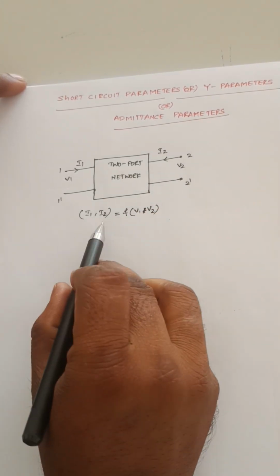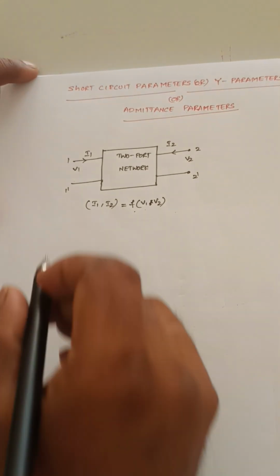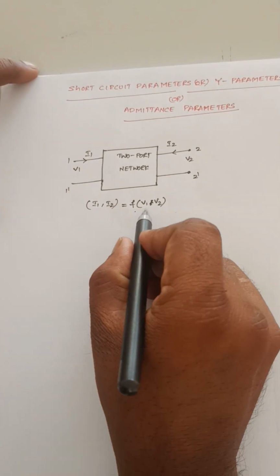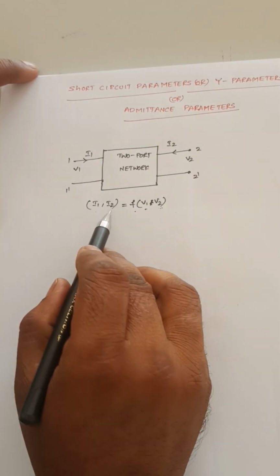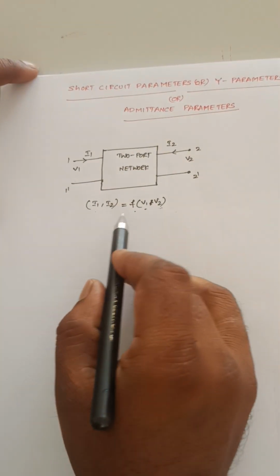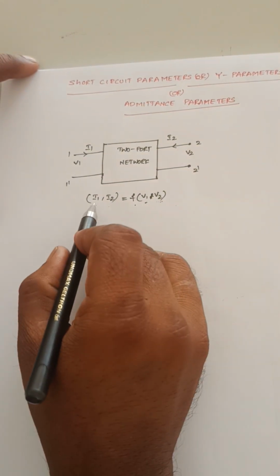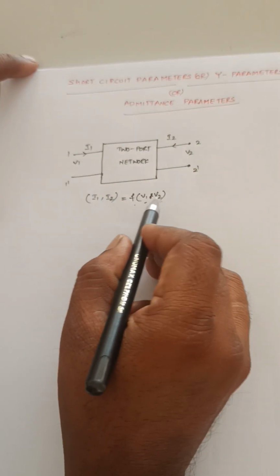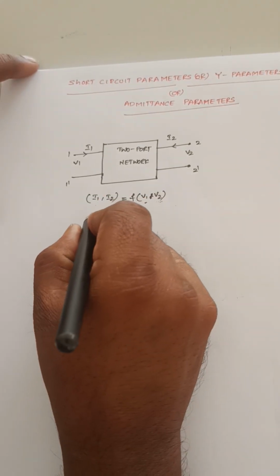That means I1 and I2 are the functions of V1 and V2. So, V1 and V2 are the independent variables, and I1 and I2 are the dependent variables which depend upon V1 and V2. How I1 and I2 depend upon V1 and V2, let me explain with the vector matrix form.